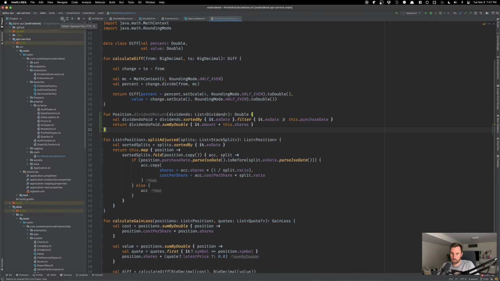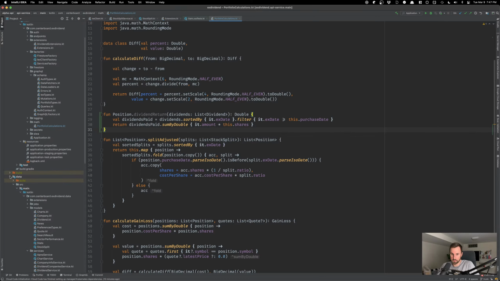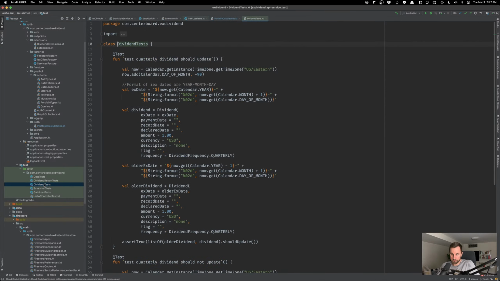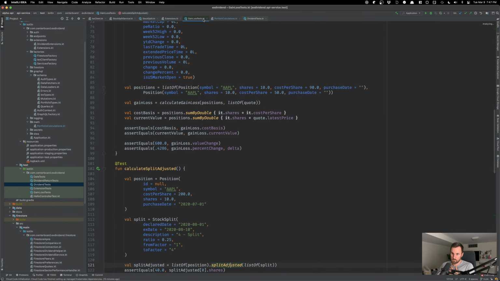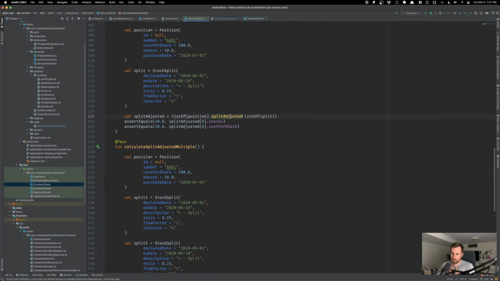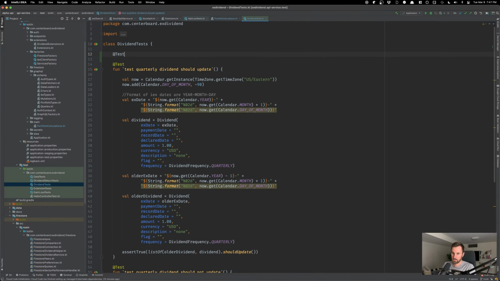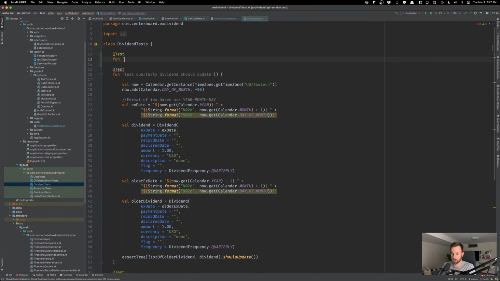And we can go ahead and write a test for this as well, along with our other dividend tests. Yeah, let's put it in here. We're just going to test the easy part. Test dividends paid.